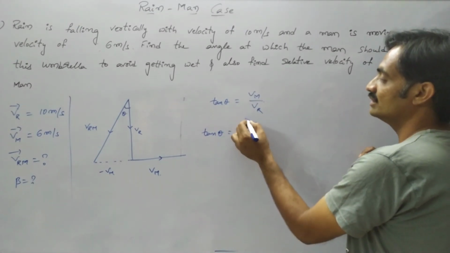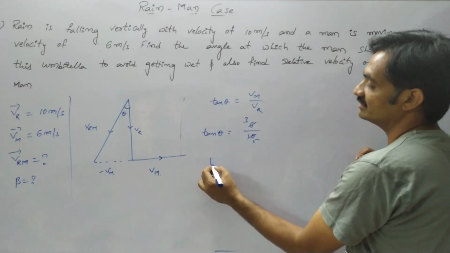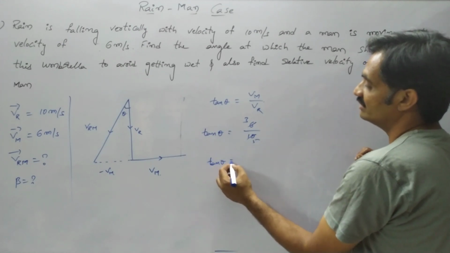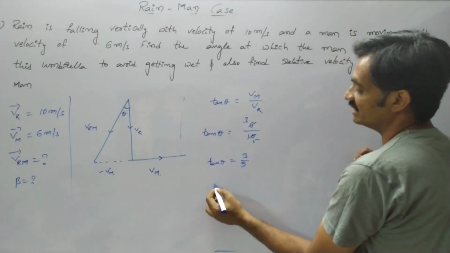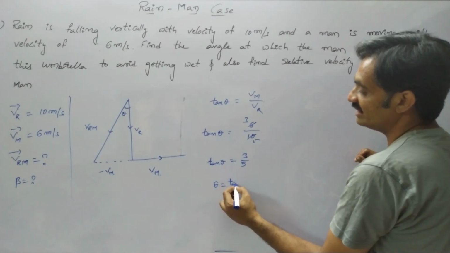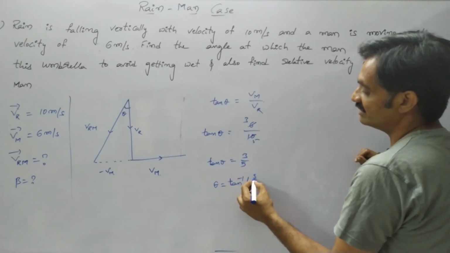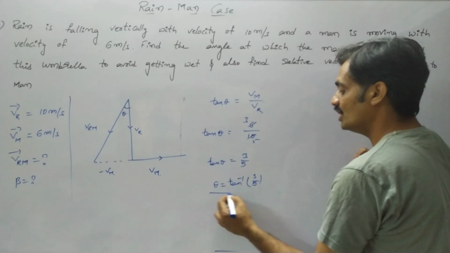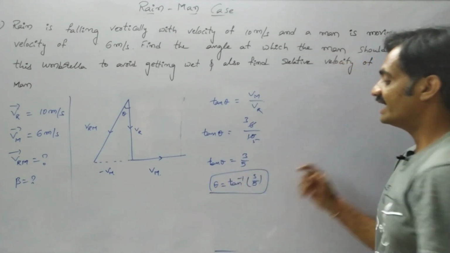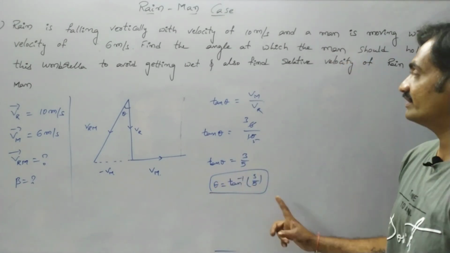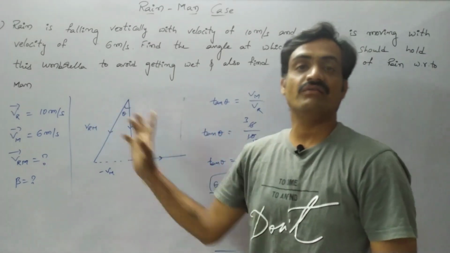Here 2 3s are 6, 2 5s are 10. So we get tan theta equals 3 by 5, whereas theta equals tan inverse of 3 by 5. So the man has to hold the umbrella at an angle of tan inverse of 3 by 5 so that he may not get wet.